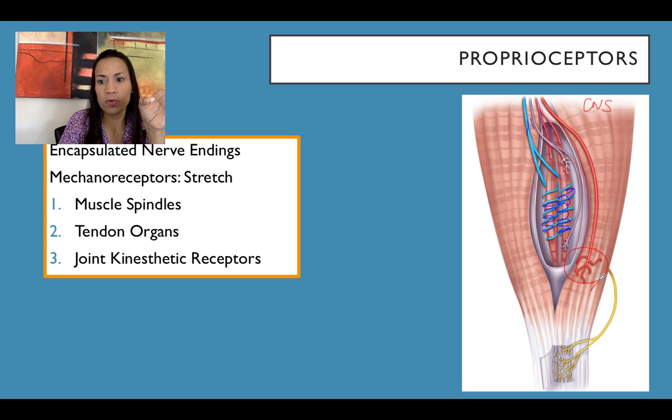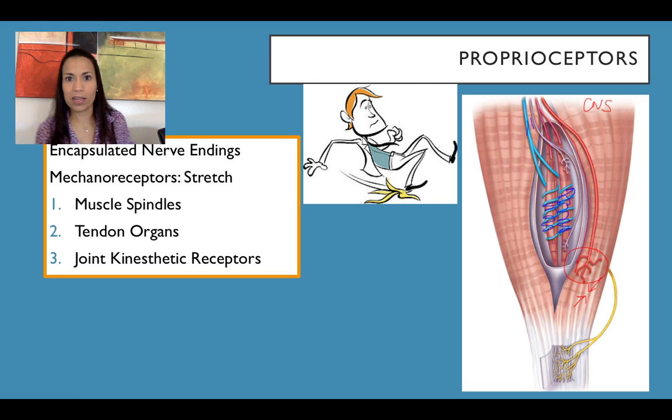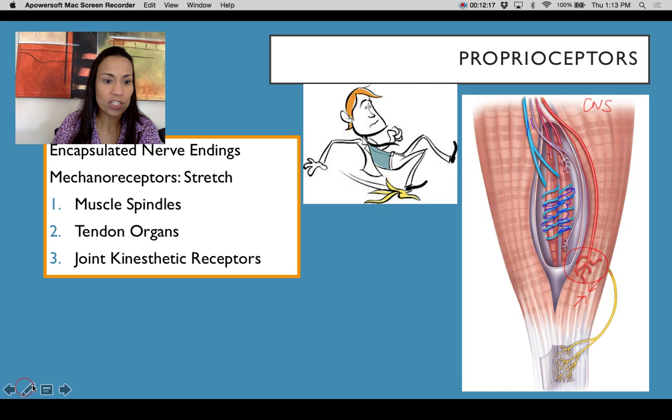And the motor command is always going to be contraction. So let's see how this works in one of the most extreme situations so we can understand this. When you're about to fall, almost all your muscles are stretching, right? They are elongated.